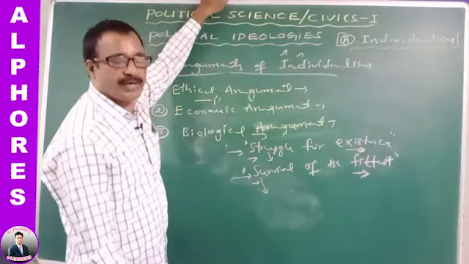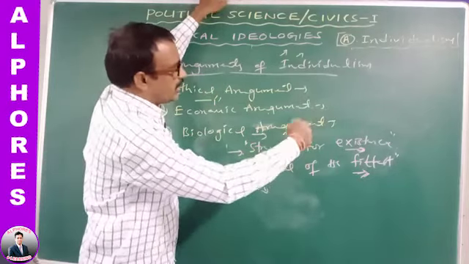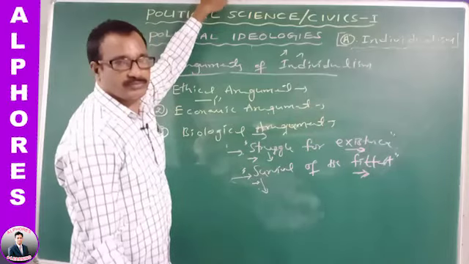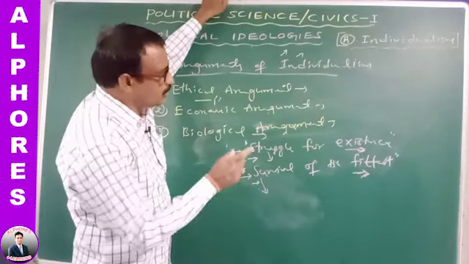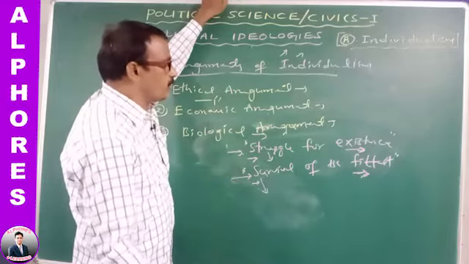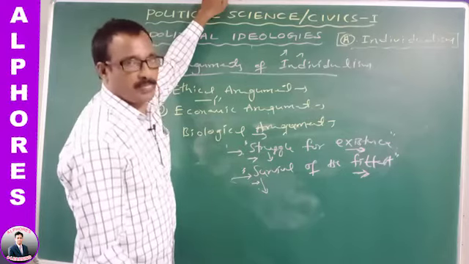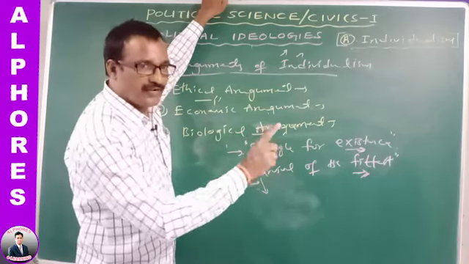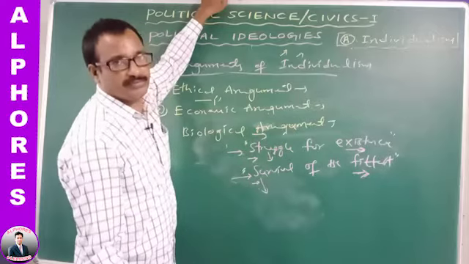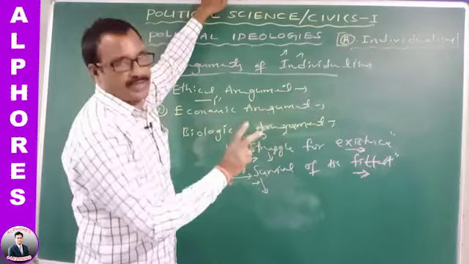Society can be developed when the unfit are removed by the fit, that is, with the elimination of the unfit by the fit. Who are the fit and who are the unfit? Stronger persons are the fit, weaker persons are the unfit. By elimination of the unfit by the fit, automatically the weaker sections will disappear.